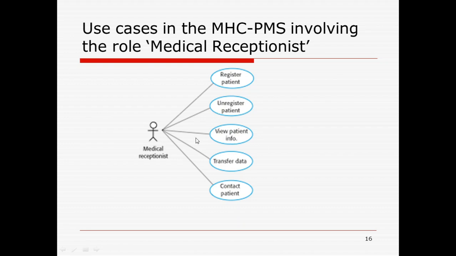View patient information is another task which the receptionist can do, or transferring of data from the mental healthcare patient management system to PRS, the patient record system, the more general database, is the transfer data task. And contact patient. So the receptionist can contact the patients over different media, which is also another task. So these are the different tasks that the outside entity, the medical receptionist, can do with the mental healthcare patient management system. Okay, so this is the use case diagram.